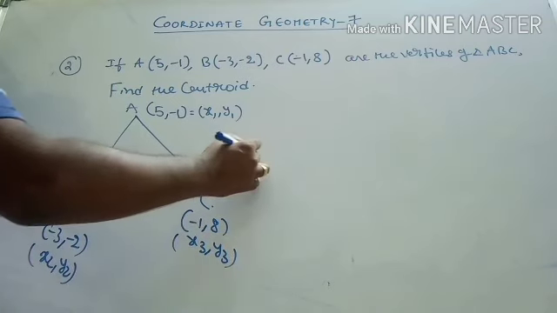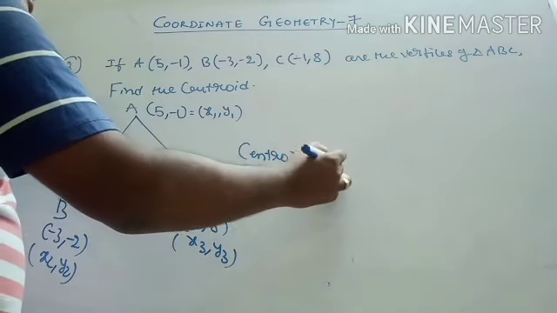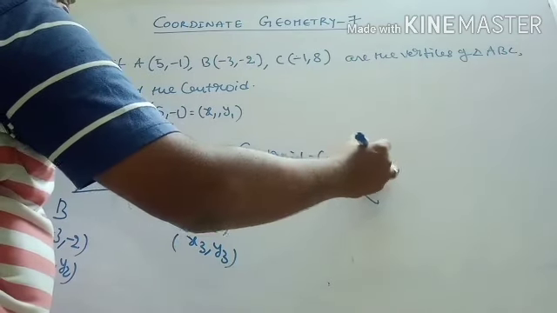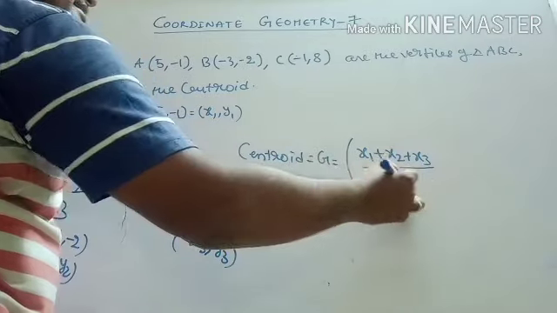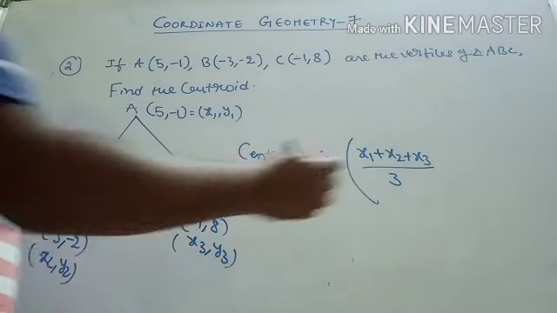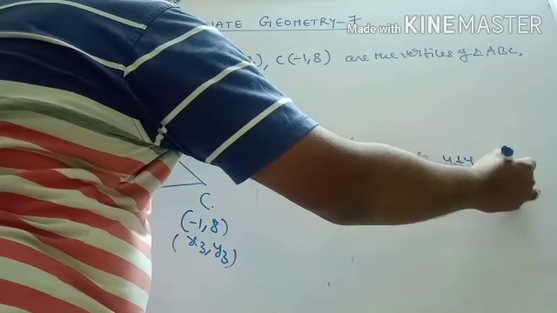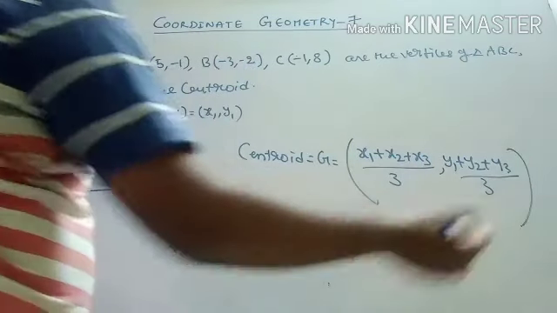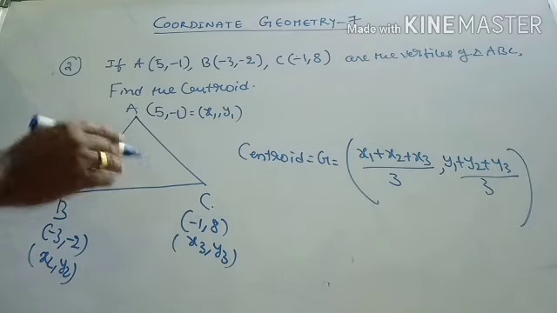And we know that the centroid Z is equal to (x1 plus x2 plus x3) by 3, comma (y1 plus y2 plus y3) by 3, right? Centroid Z, this is the formula, we already derived it.